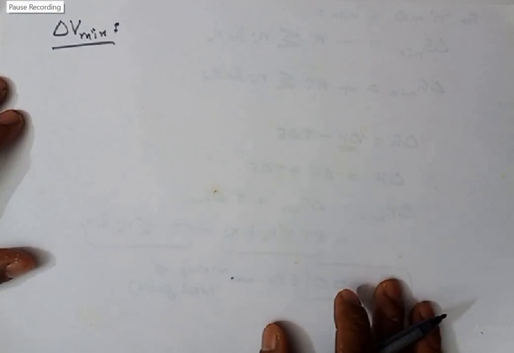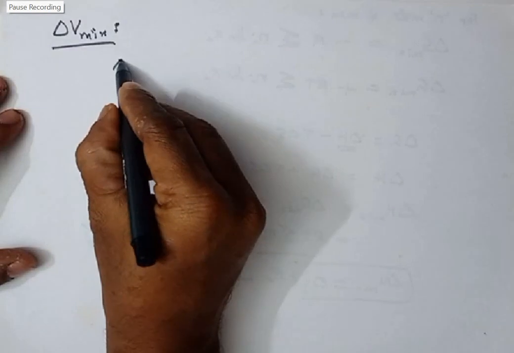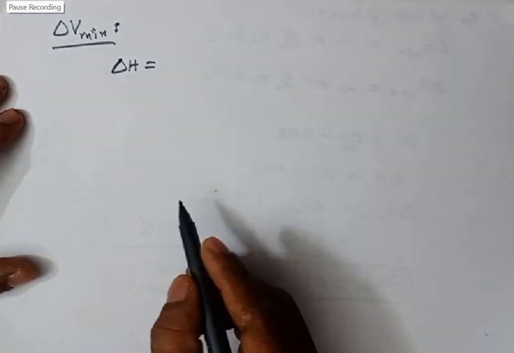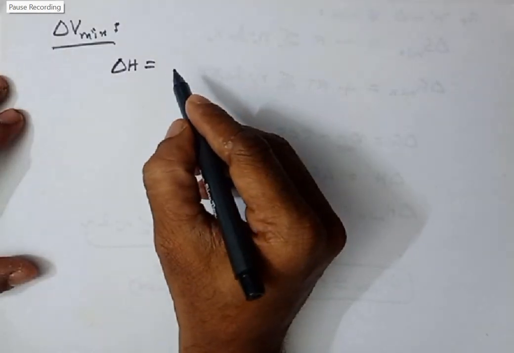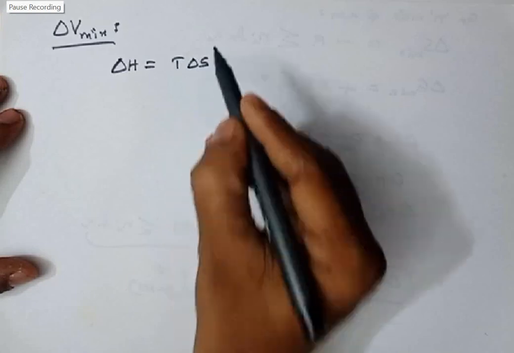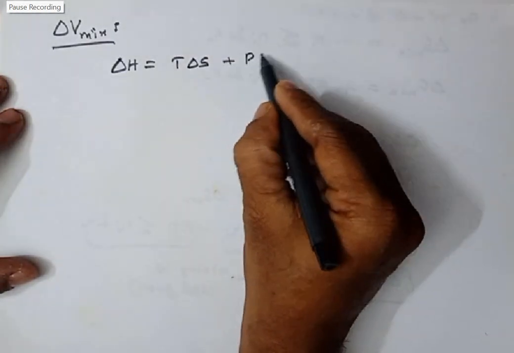See, you know very well, according to the standard equation, delta H is equal to T into delta S plus VDP.